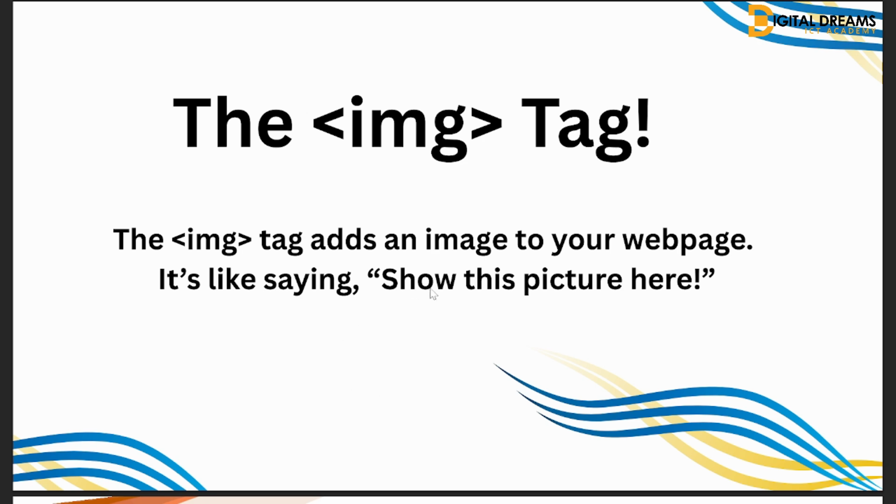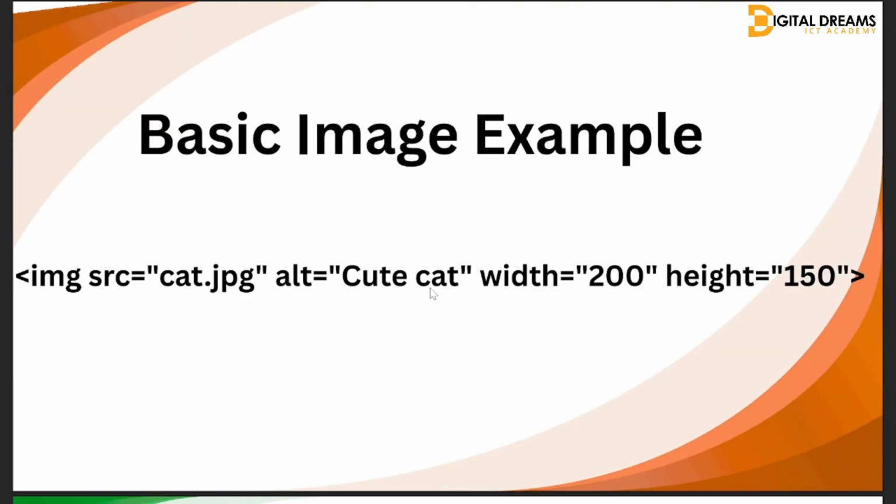And when you add the img tag to your page, to your VS Code, it tells the browser that an image is meant to go in here. It comes in this format. When you say the img, it comes with the src, which is the source attribute, where you add your image. You also have the alt.